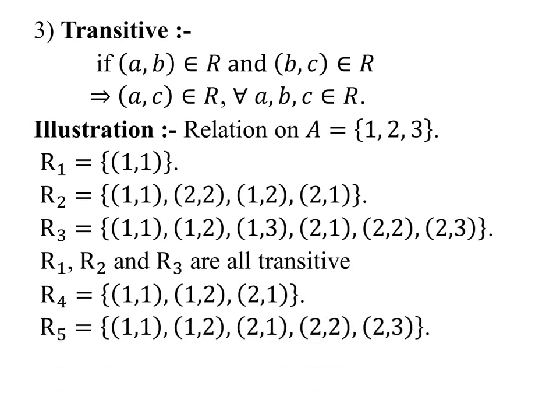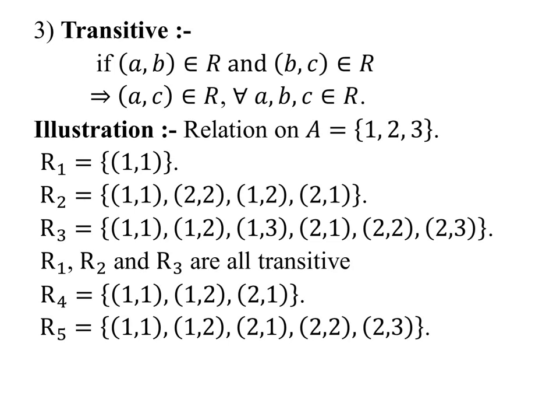Next, R5 is equal to (1, 1), (1, 2), (2, 1), (2, 2) and (2, 3). So here R5 is not a transitive relation.